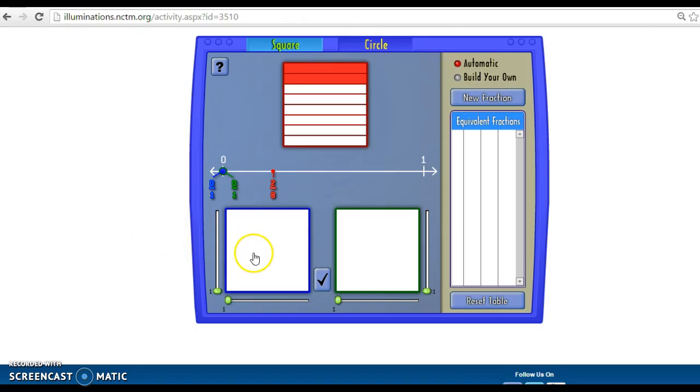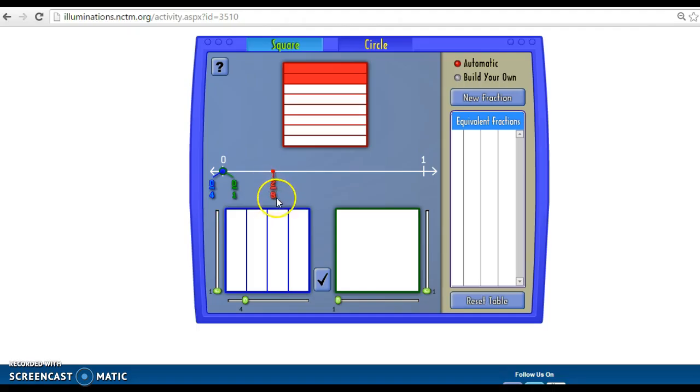The whole idea of the game is forming two equivalent fractions to the fraction 2/8. For the first one, I'm going to start clicking until I reach the denominator that I need. Okay, let's go to a 4. I know that 4 is a factor of the number 8.